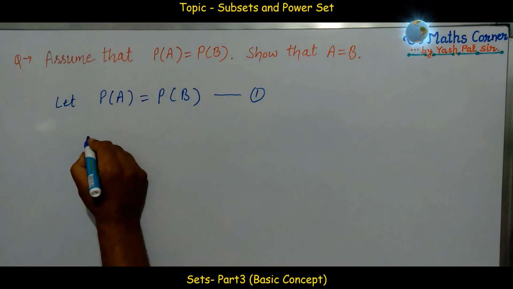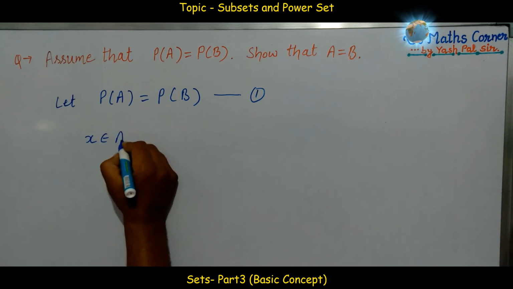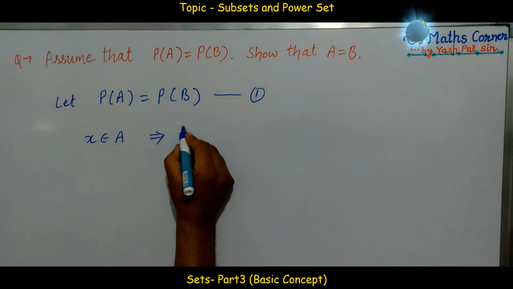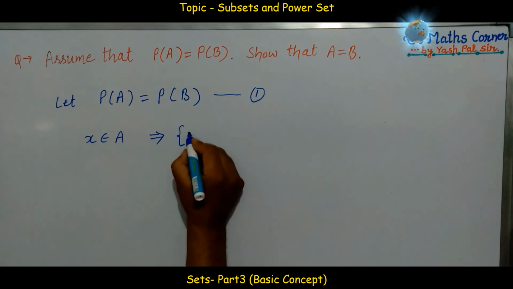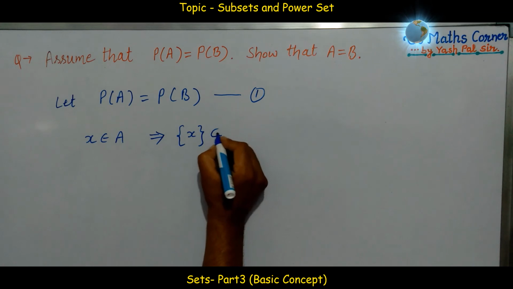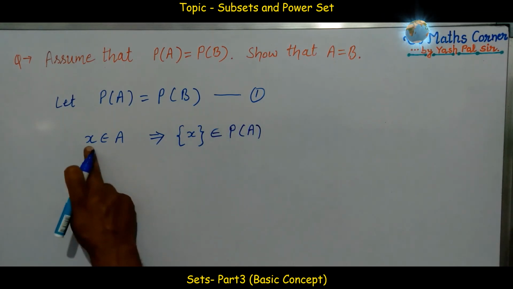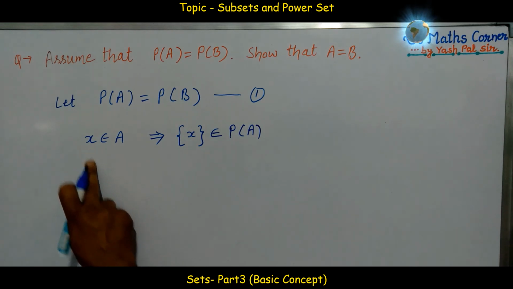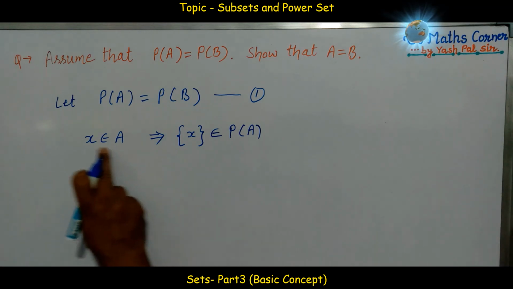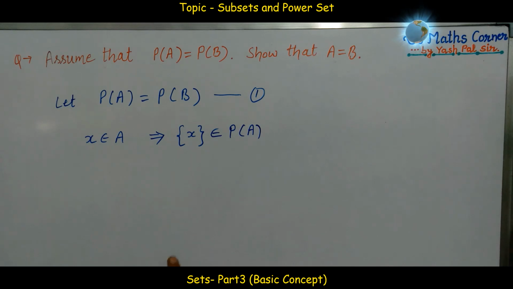Here if x is any element of set A, it means if we insert curly brackets to this element, then this element becomes an element of power set of A.